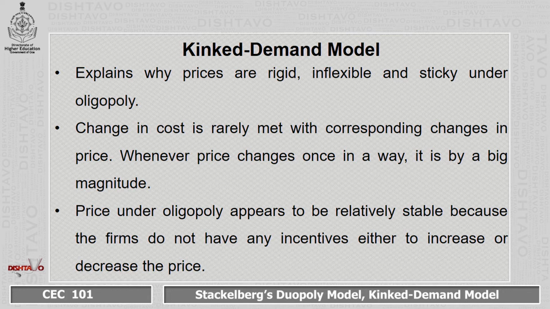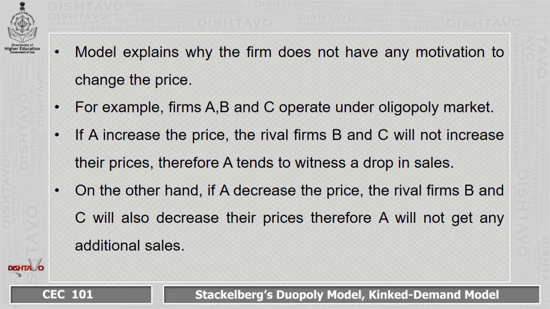Whenever the price changes once in a way, it is by a big magnitude. So the price under oligopoly appears to be relatively stable because the firms do not have any incentive either to increase or decrease the price of the good. The model explains why the firm does not have any motivation to change the price.